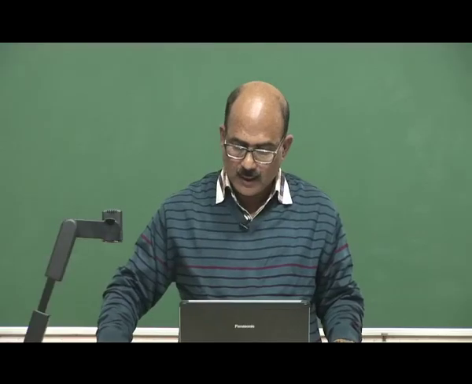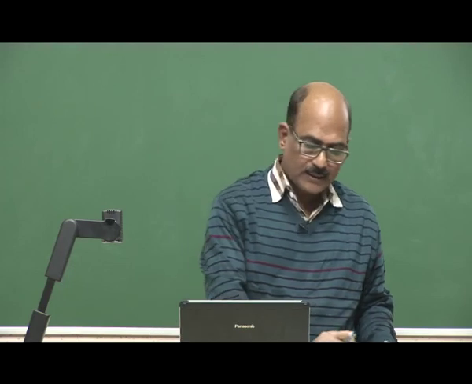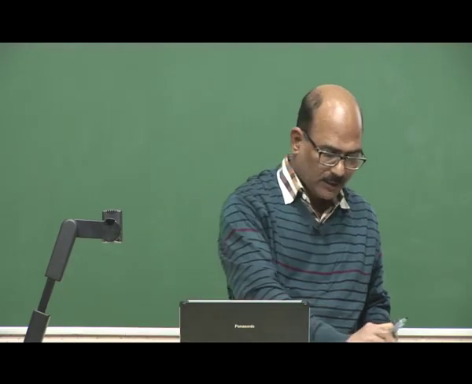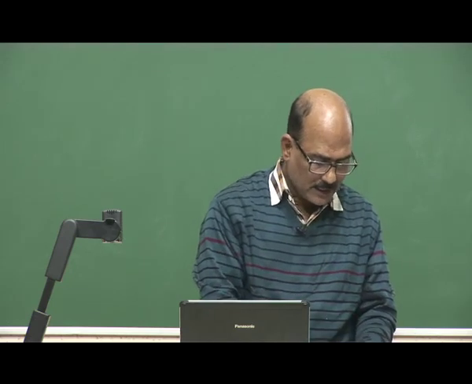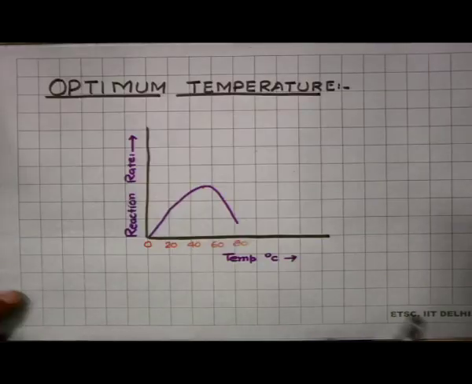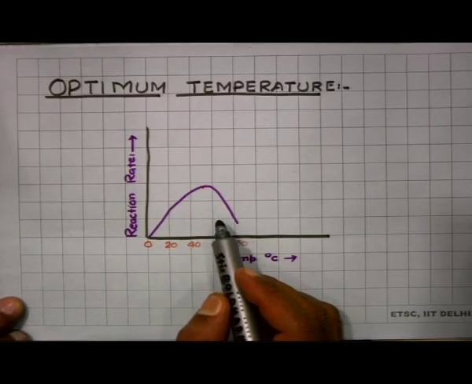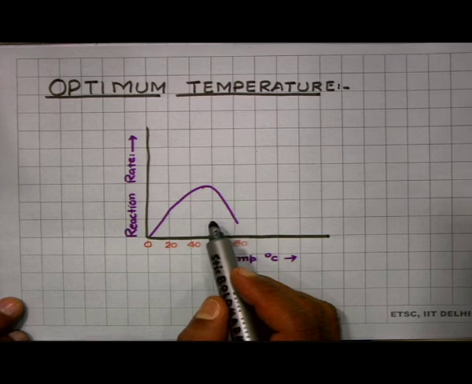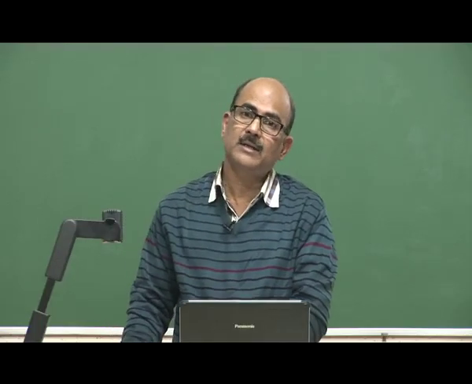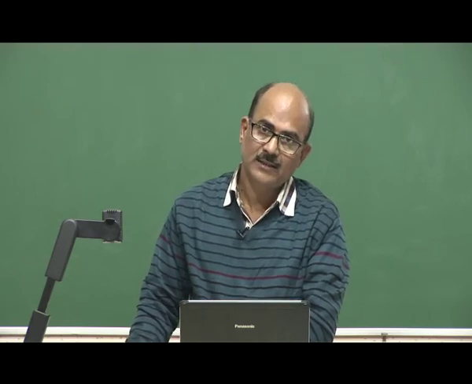Now, the next one, effect of temperature. Temperature also plays an important role in the formation of product. The normal temperature for enzymatic activity is about 30 to 40 degrees centigrade, or 45 degrees centigrade. When we go beyond this temperature, the enzyme becomes denatured.